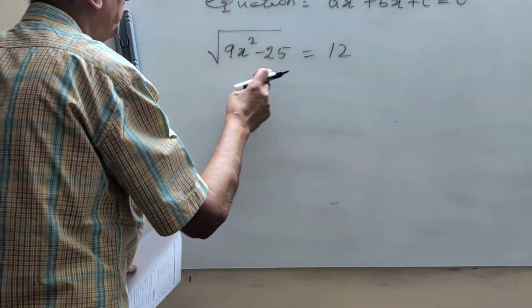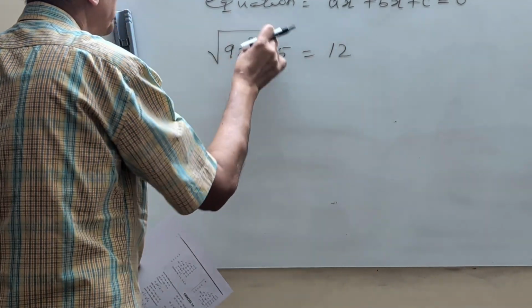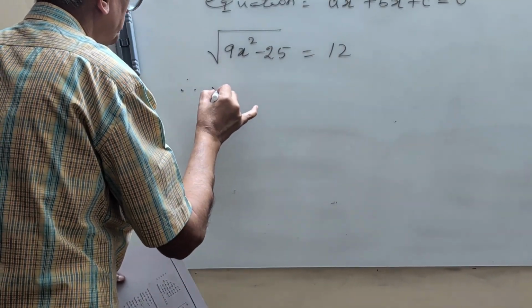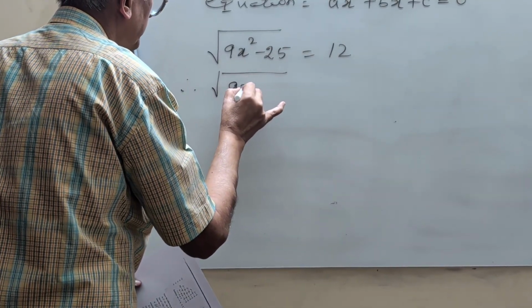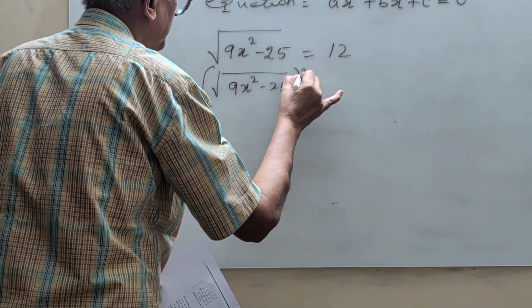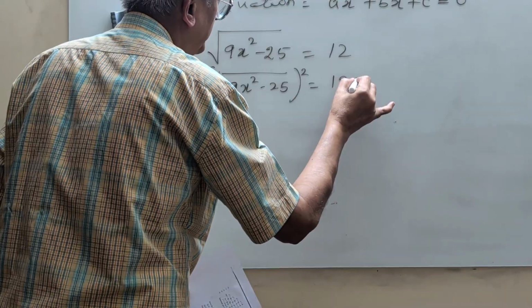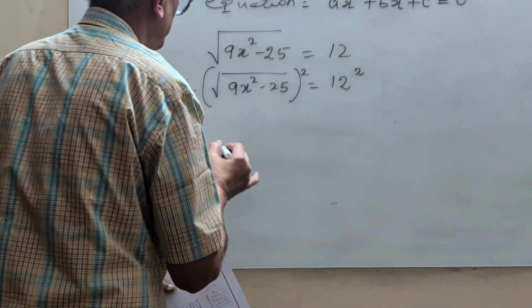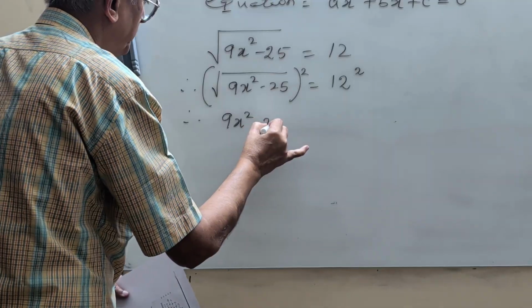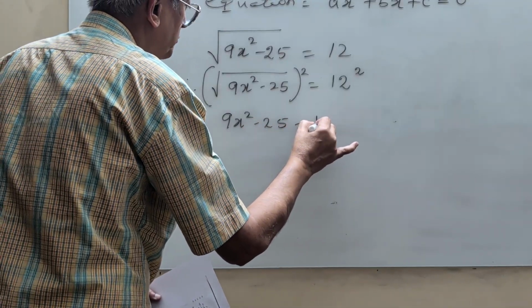Now when you square, the square root sign will go and we will get, therefore, root of 9x squared minus 25 the whole square is equal to 12 the whole square. Therefore, 9x squared minus 25 equals 144.